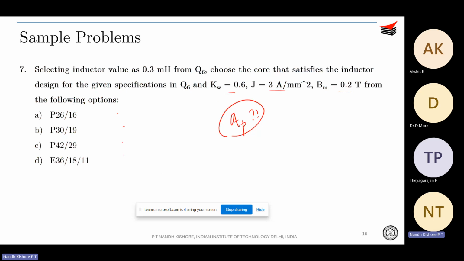You know that the area product is given by 2EL divided by KW into KC into J into delta B. KW is given, J is given. And delta B, you know, is BM, which is also given as 0.2 Tesla.